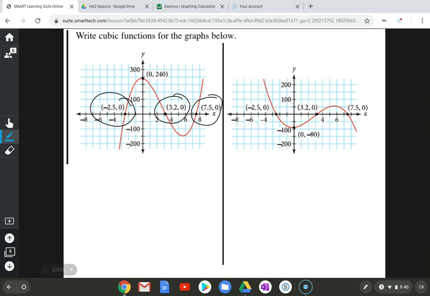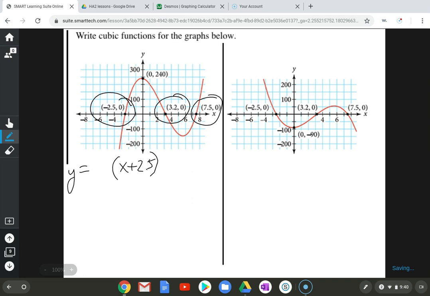So for this function, we would have y equals, I'm going to leave some space for a second. So here's the thing. If our root is negative 2.5, then our factor is x plus 2.5, and I'll explain why in a minute.